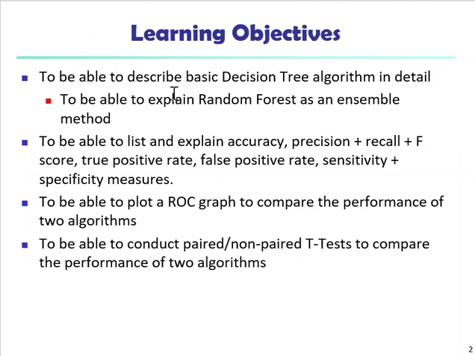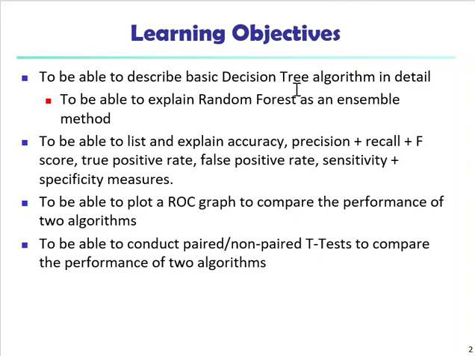Students, after this chapter, you should be able to describe a basic decision tree algorithm in detail. So every step. I think this also is a homework problem, where you need to describe what a decision tree algorithm does. Similarly, random forest is an ensemble method based on decision tree.